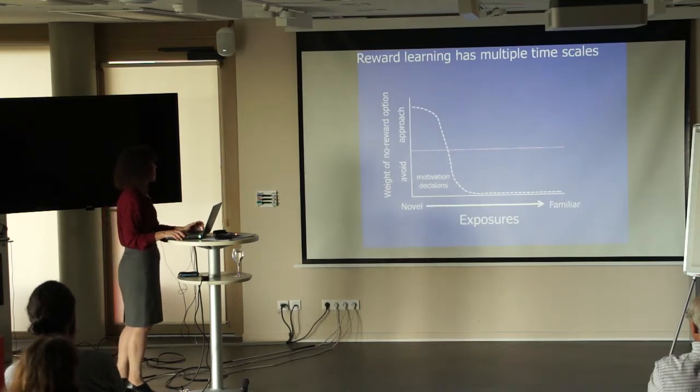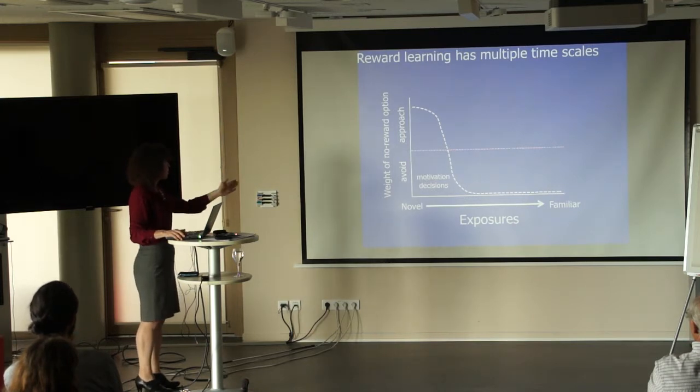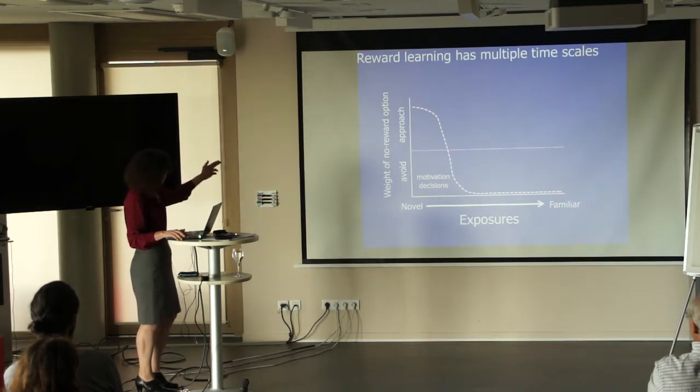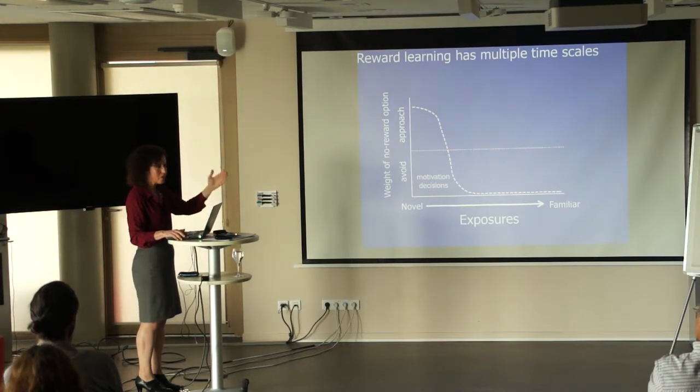So we think it's something like this. If you have a stimulus and you start from novel to familiar, and let's say it turns out to be a bad news stimulus, you initialize it high. So if you talk about motivation or decision making, initially you're motivated to approach that stimulus, and as you quickly learn that it is bad news, you extinguish that approach. So, for example, licking behavior or motivated behavior.